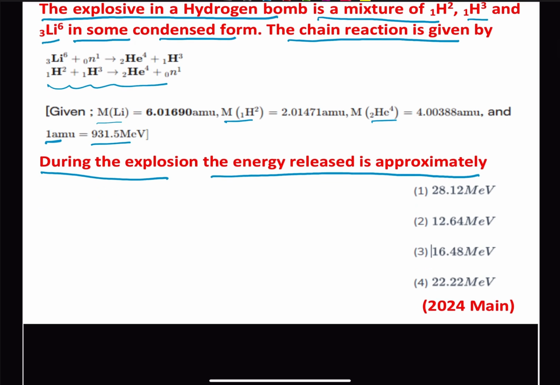So in this case, let us call the first part equation 1 and the second equation 2.